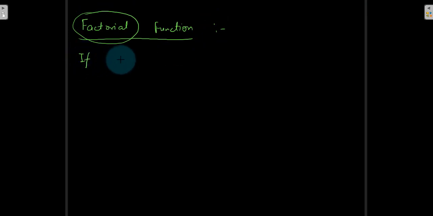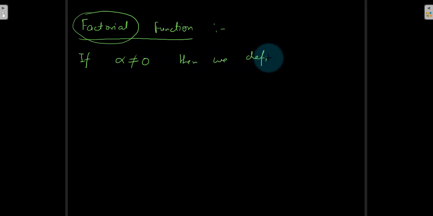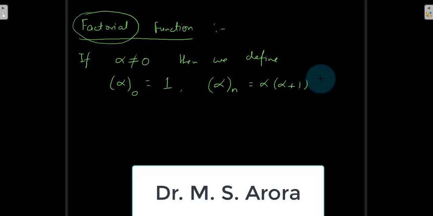If alpha is not equal to 0, then we define the factorial notation of alpha for 0, alpha 0, as 1, and if n is greater than or equal to 1, if n is a natural number, then we define alpha n as alpha, alpha plus 1, alpha plus 2, and so on, up to alpha plus n minus 1.